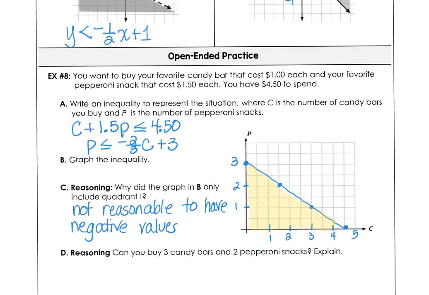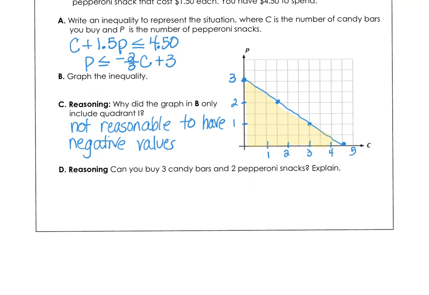And can you buy 3 candy bars and 2 pepperoni snacks? Explain. If you think about using that, that's a hint to test. This is our test point, (3, 2). If you realize from the algebra, 3 candy bars and 2 pepperoni snacks, that's 3 times $1 for a candy bar, and $1.50 times 2 for pepperoni, that's $6.